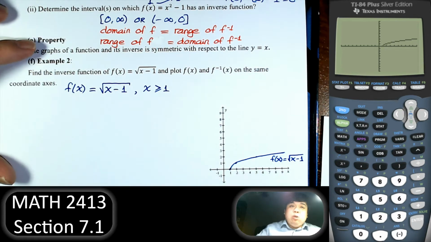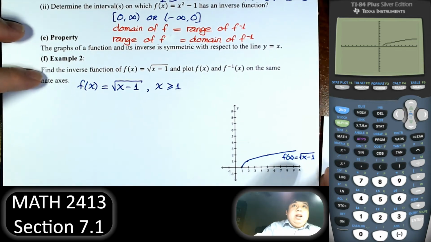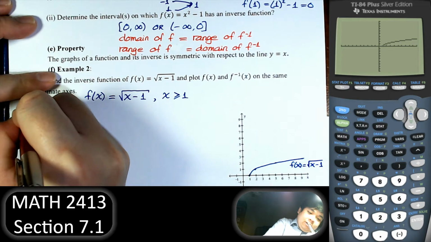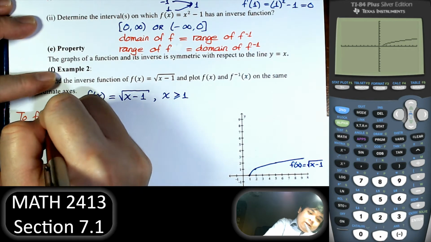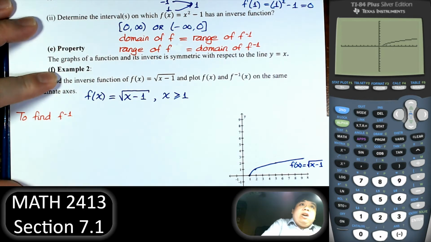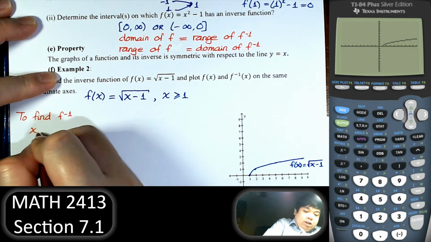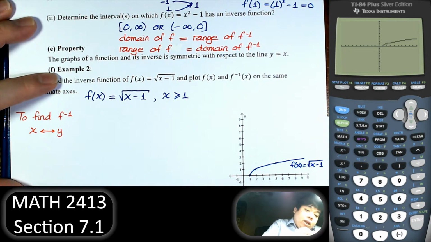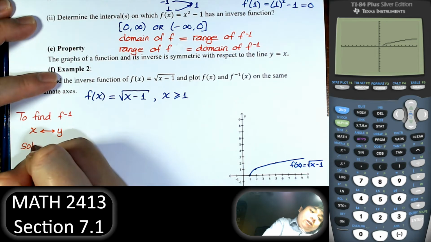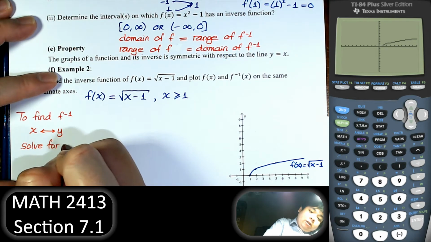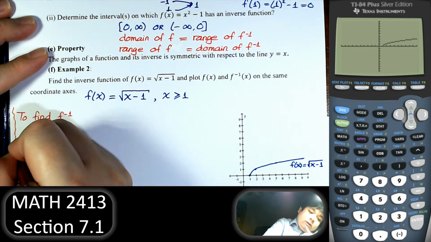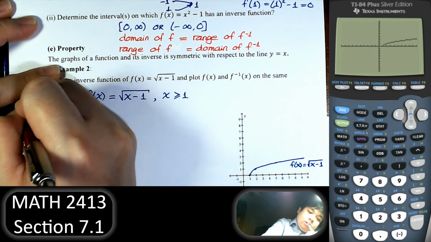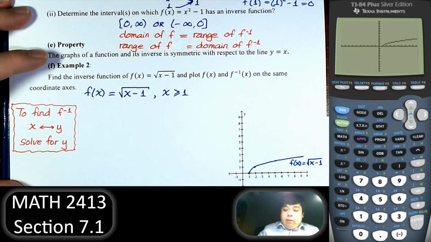To find the inverse, there will be two important steps. First we interchange x and y, because that's what the inverse function does, and then we solve for y. Right.